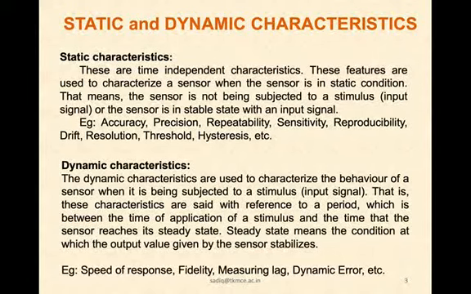So dynamic characteristics discuss the behavior of the sensor between the application of the stimulus and reaching the steady state. Static characteristics speak about when there is no signal or after reaching the steady state. Dynamic characteristics have examples like speed of response, fidelity, measuring lag, etc.